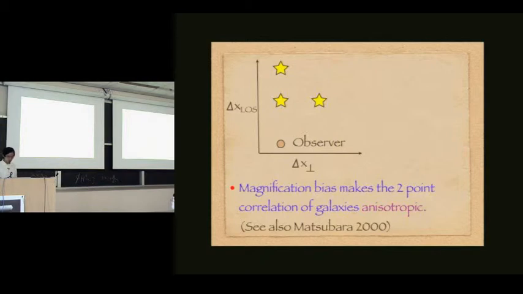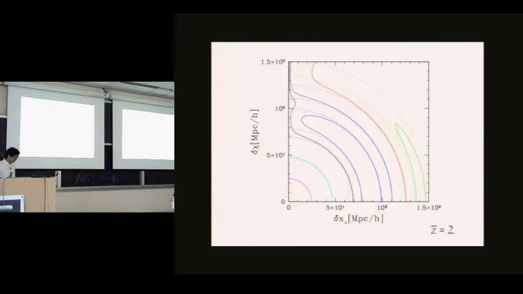So let me show you an illustration. It's these plots that large-scale structure people often make, this pi sigma diagram. This is transverse separation. This is line of sight separation. And what is being plotted here are basically contours of constant two-point correlation function.